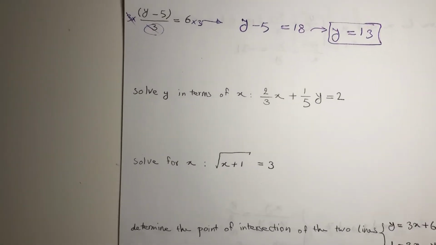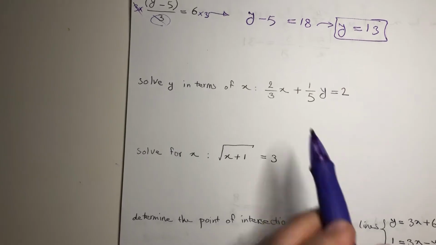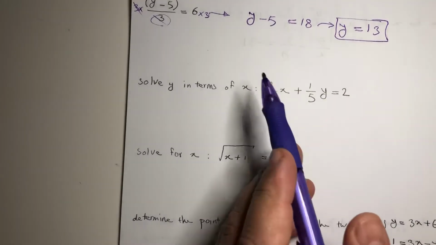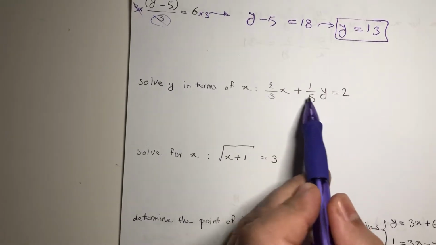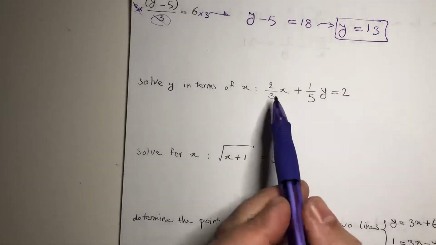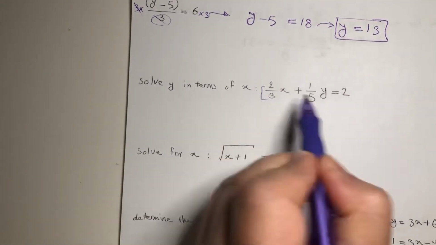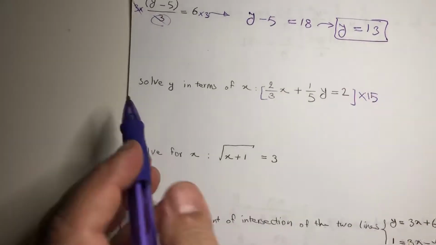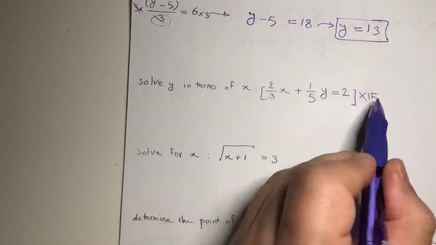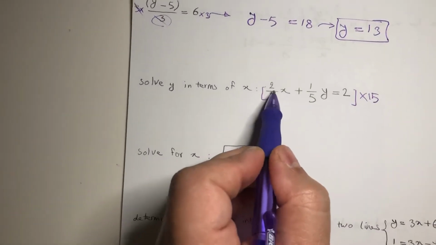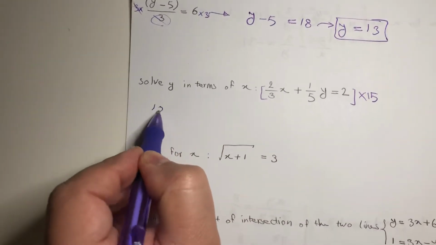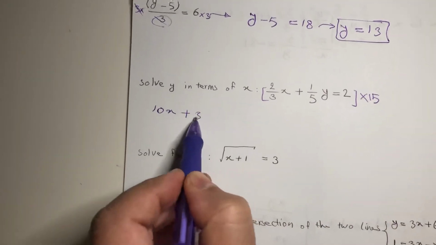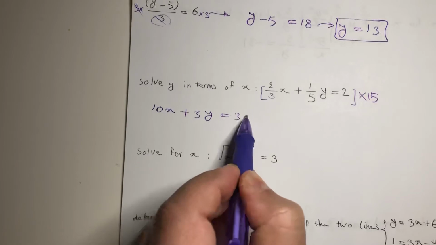Say, solve for y in terms of x. How do we do this? We have to get rid of the denominators. We can multiply both sides of this equation by 15, right? So 15 multiplied by this will become 10x. 15 multiplied by this plus 3y equals 30.